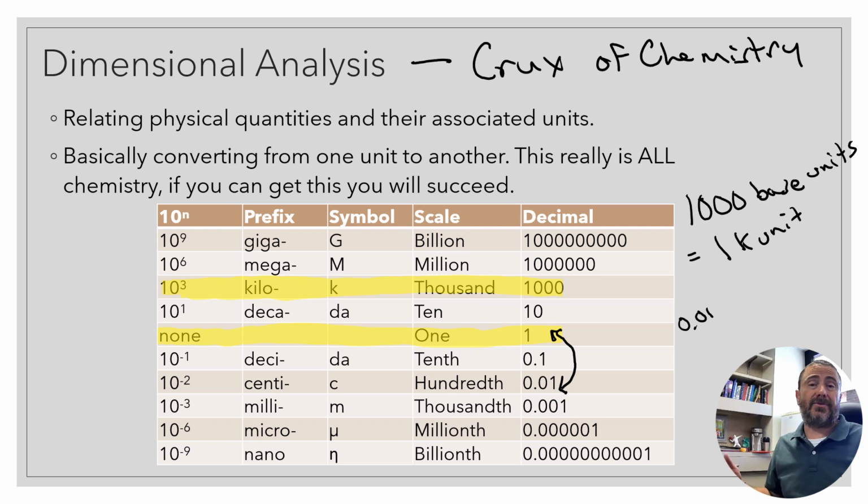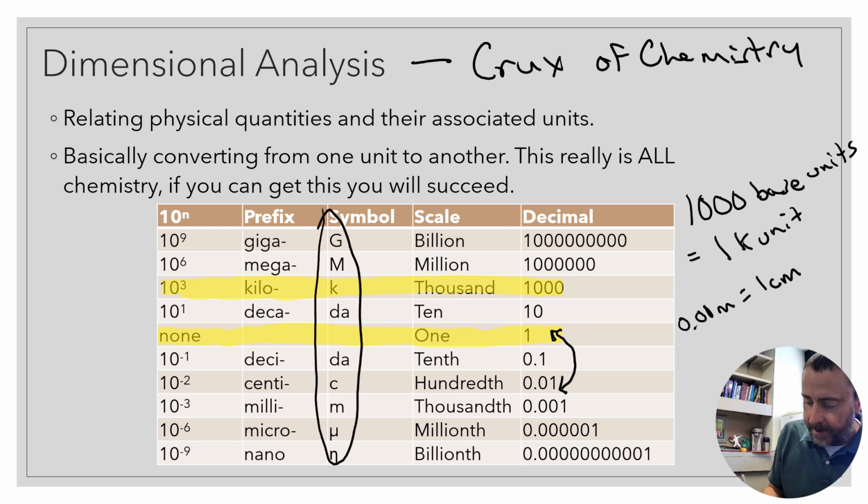If I wanted to look at centimeters, that means 0.1 base unit, which are meters, is equal to 1 of the centi units. So it's always 1 of these guys equal to however many of the base units.